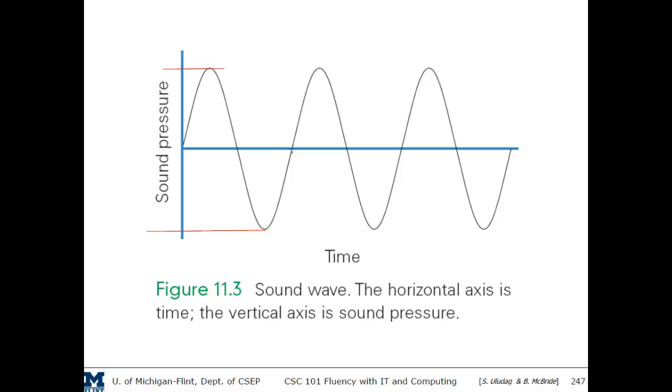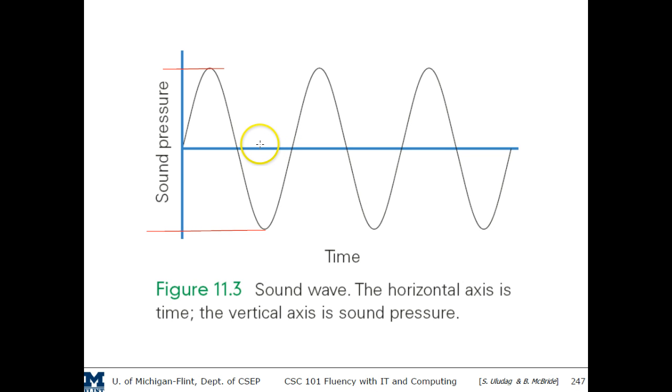Now, since sound waves are continuous and we cannot represent the entire spectrum of information of the physical phenomenon of the sound wave in the computer, it has to be transformed from an analog value, which is the physical world, to a digital value, which is the computer's world.